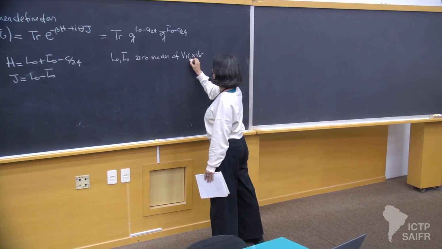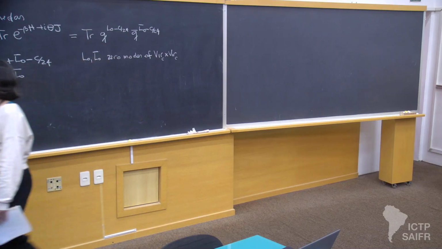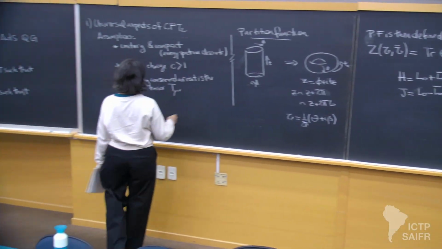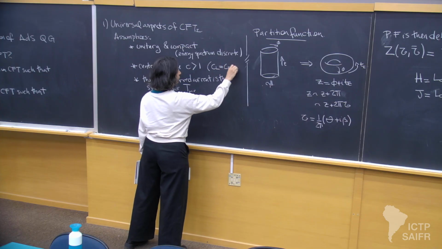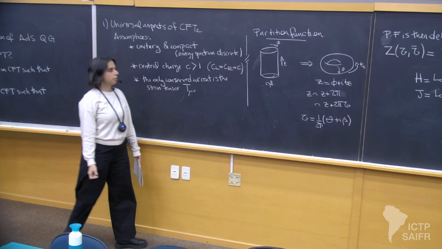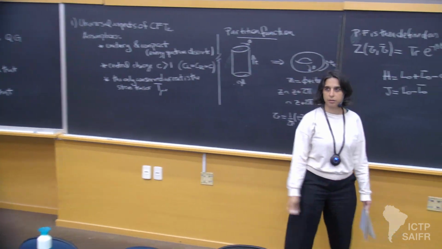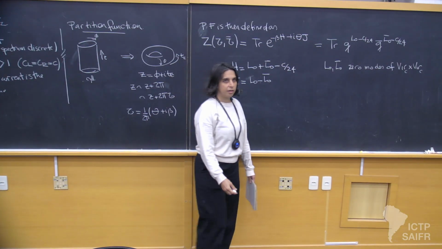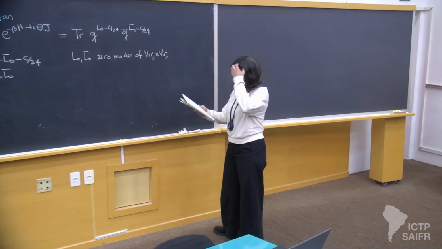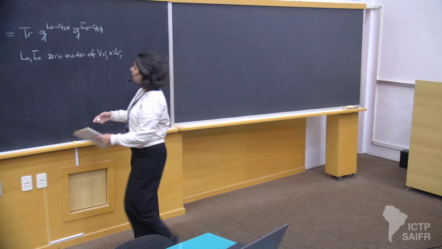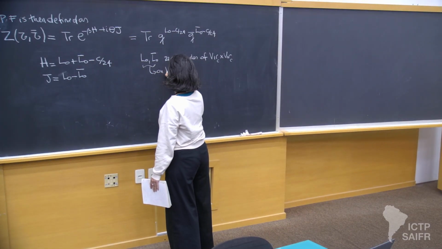And each Virasoro has central extension. In this case, maybe I should also put another assumption here. I'm taking the left and the right moving central charge to be equal to each other, and that's what I'm calling C. You can again generalize this discussion when systems have different central charges, but I don't want to have too much notation. So these are the zero modes defined on the plane.